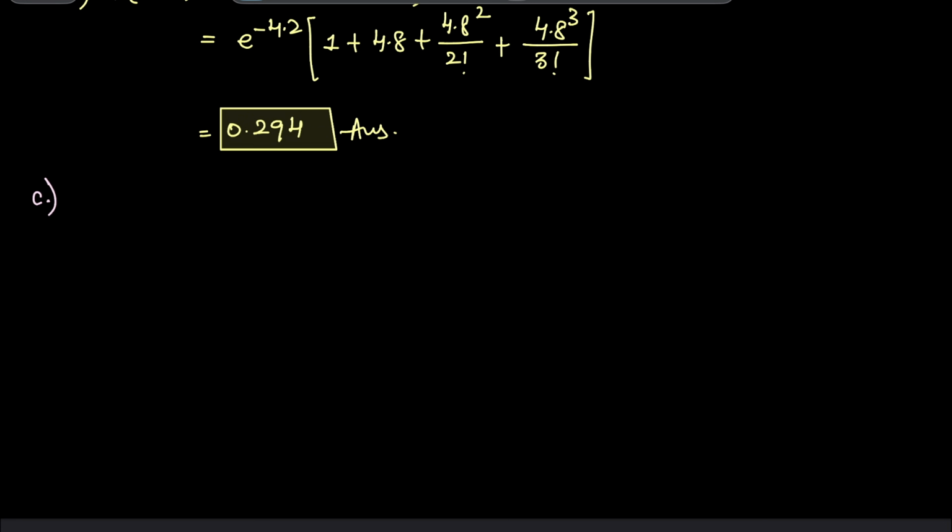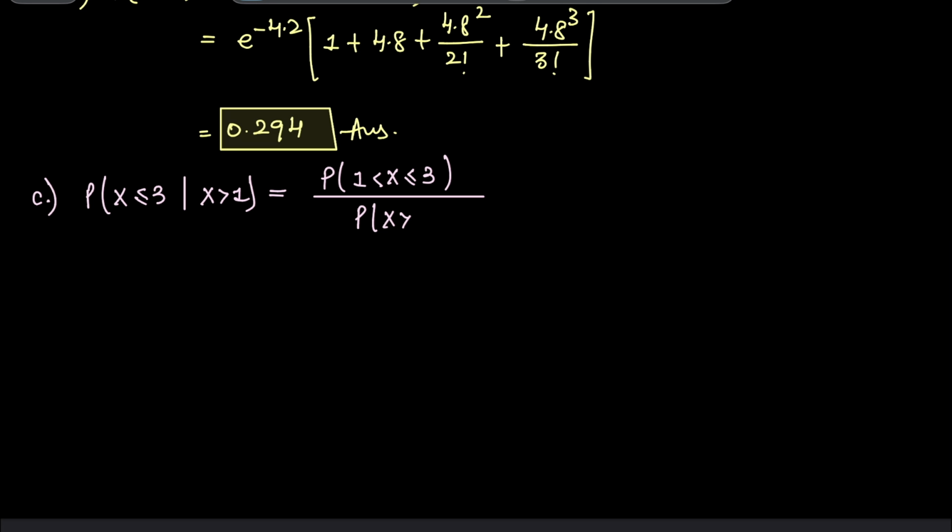In part C, we need to find the probability of x less than or equal to 3 given x is greater than 1. For this, we need to write down the formula first. So I will write that the probability of x less than or equal to 3 and greater than 1 will be in the numerator, and the probability of x greater than 1 will be your denominator.